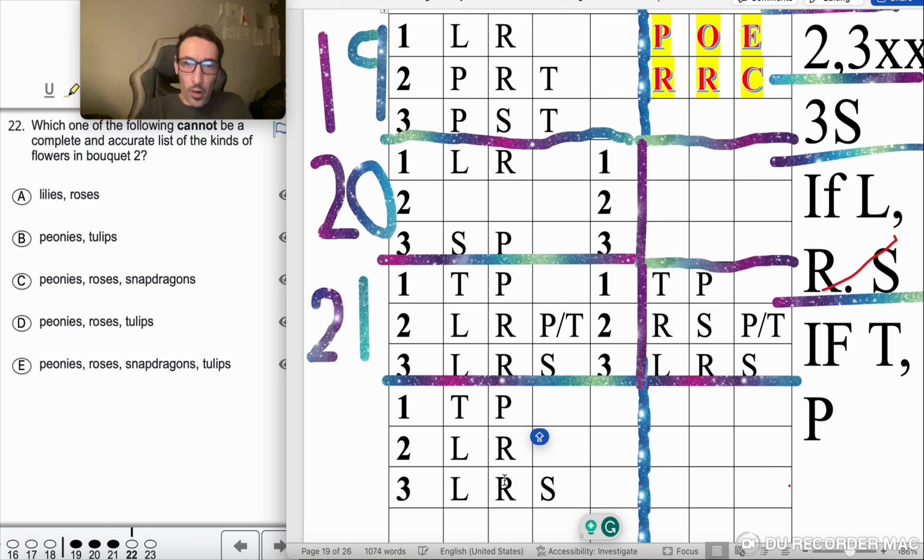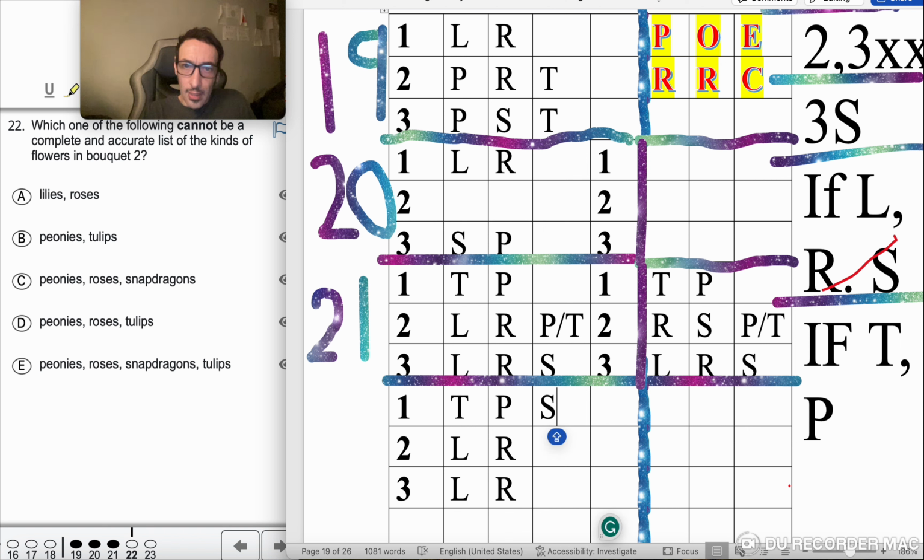So we have L and R. 1 and 3 cannot be the same, and Snapdragon needs to be in S. So right now we're having a difficult time with the letter S, because if we see the letter L, we can't have S in there, because L is the remover of S, and also S can't go in 2. So that forces S to be here, but we need to have 2 at the minimum, matching exactly.